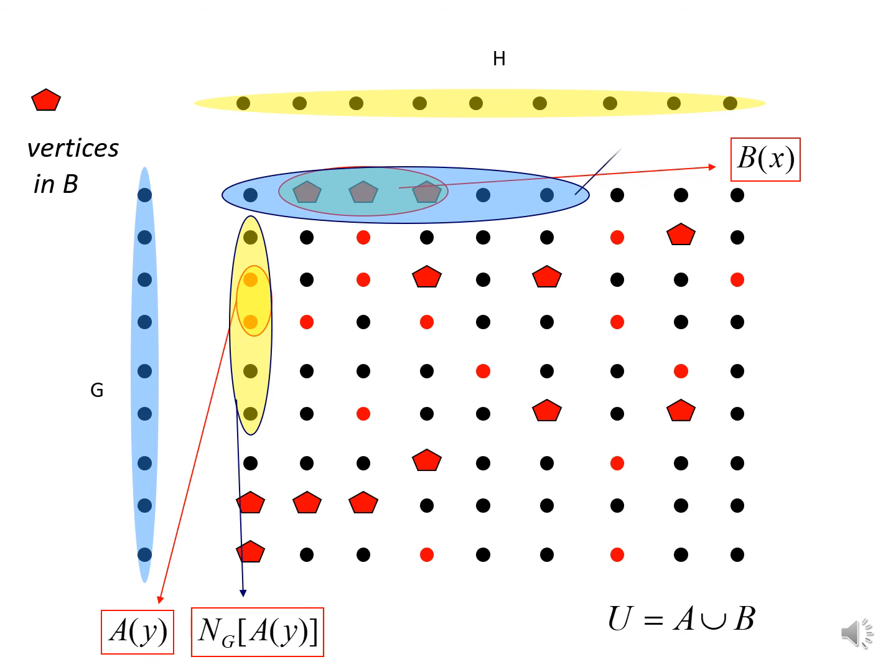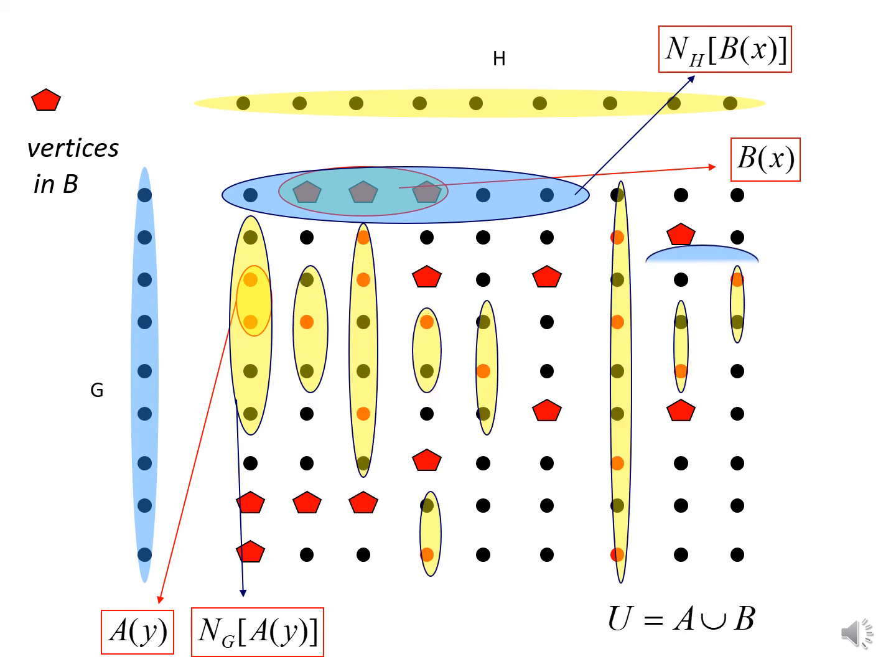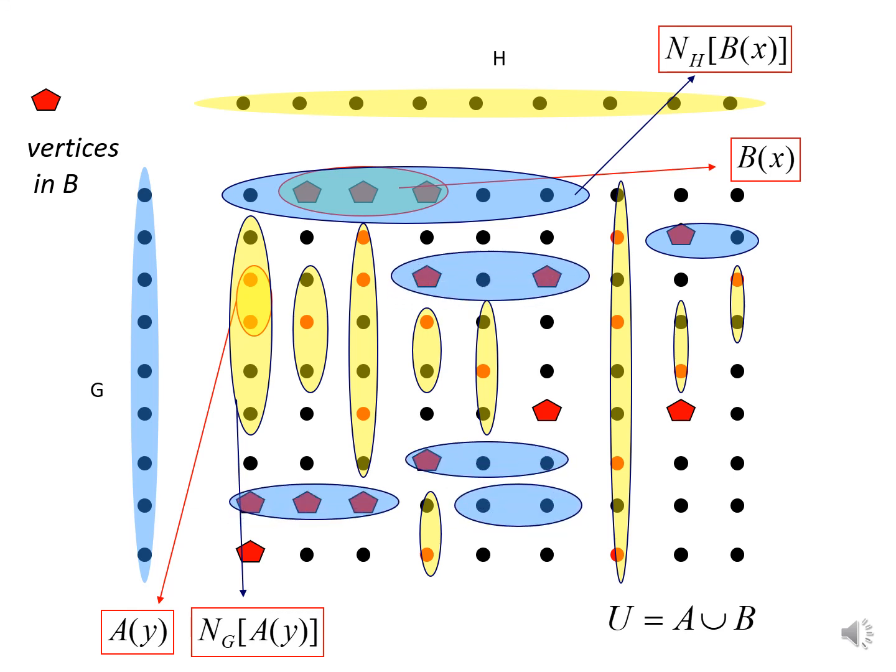When I say the closed neighborhood of B_X, I treat this row as a copy of H. Actually, it's the second coordinate that is a copy of H. This is the first. When I look at the column, I look at the first coordinates; when I look at the row, I look at the second coordinate. Now for each column, I take the closed neighborhood of A_Y, and for each row, I take the closed neighborhood of B_X.